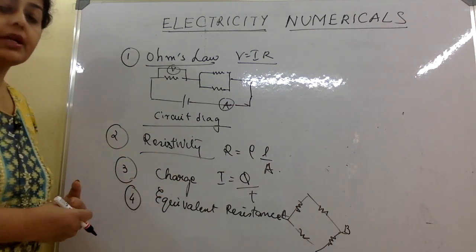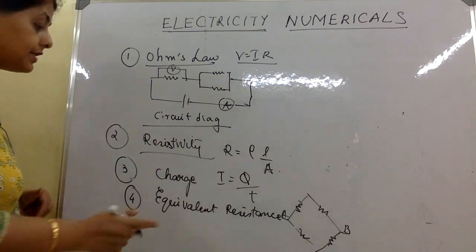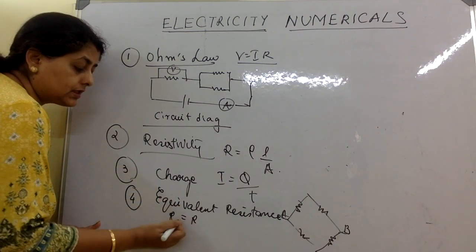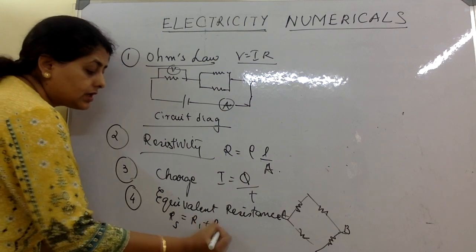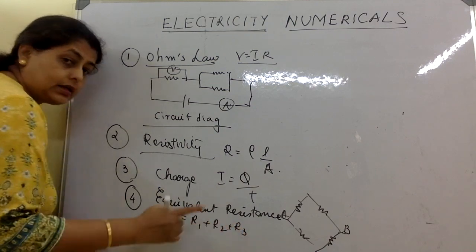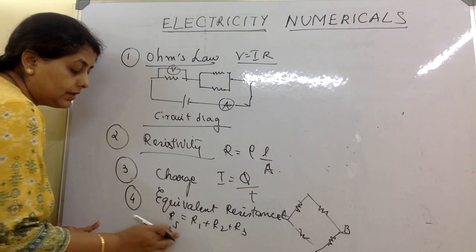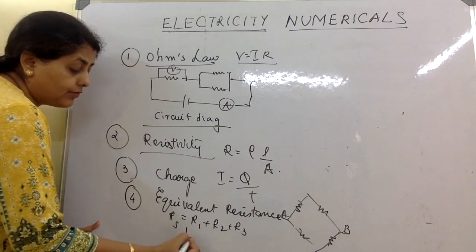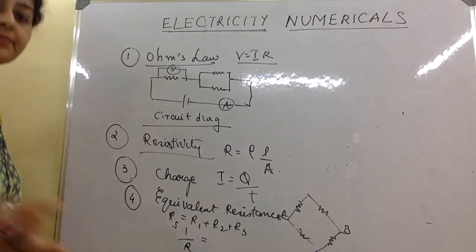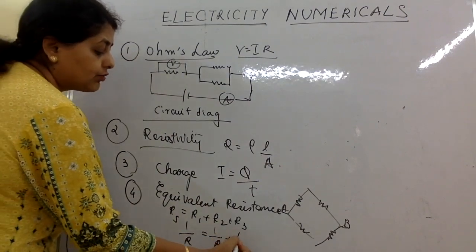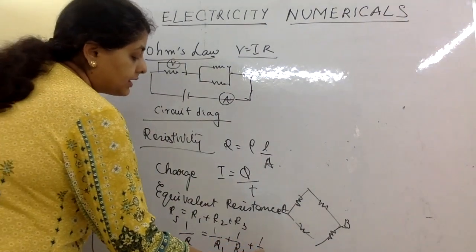Now I hope you are remembering where you go wrong in equivalent resistance. R equivalent resistance for series is R1 plus R2 plus R3 till Rn, you know how to do it. But when it comes to equivalent resistance for parallel, 1 by R becomes 1 by R1 plus 1 by R2 plus 1 by R3.